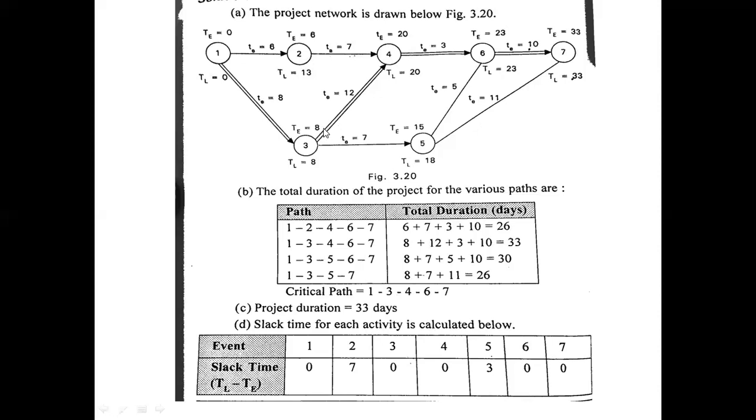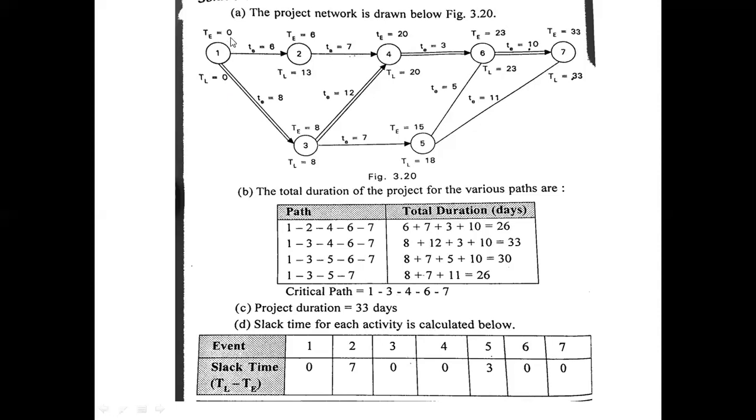As we have solved before, this is the given data: 6, 7, 3, 10. They have given the expected time durations, and we have to calculate the earliest as well as the latest finish time of each and every event. Starting from here, as usual, for the first event the earliest finish time is 0, and similarly the latest finish time is also 0.